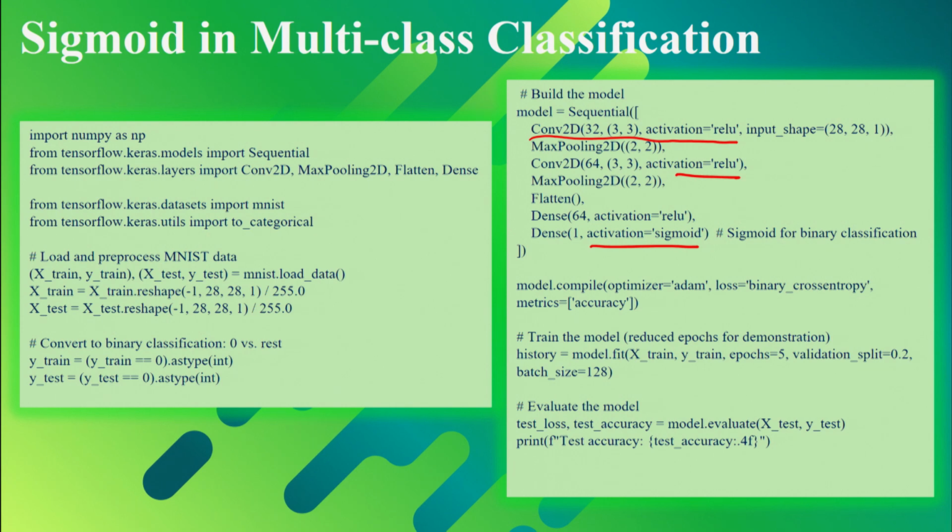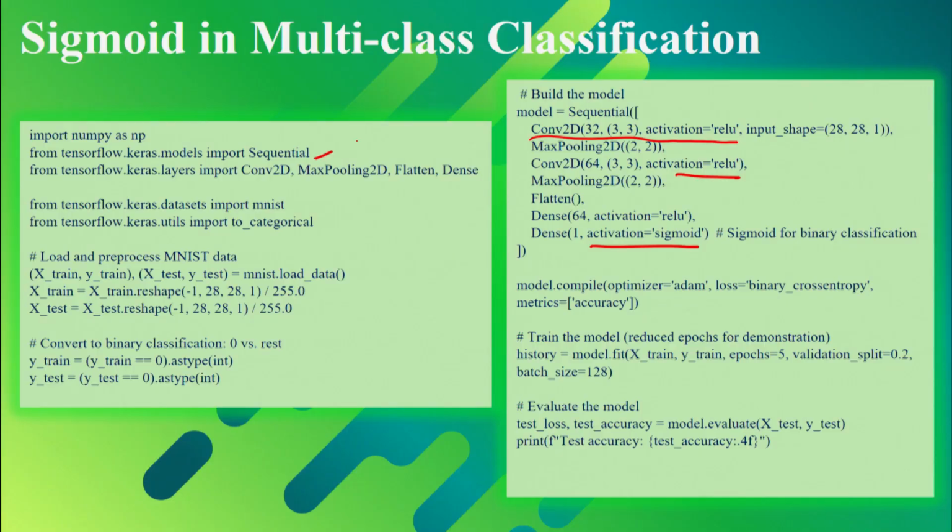These will be well understood once we see how a convolutional neural network can be created and applied for image classification problems in neural networks. This we will discuss a little later in the next classes, but for the time being we will understand how sigmoid can be applied in an image classification problem.